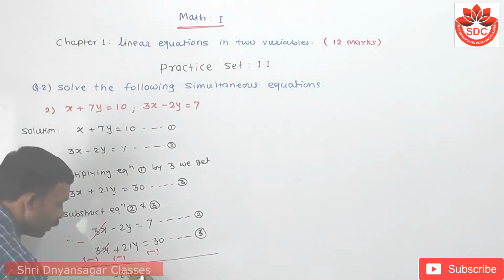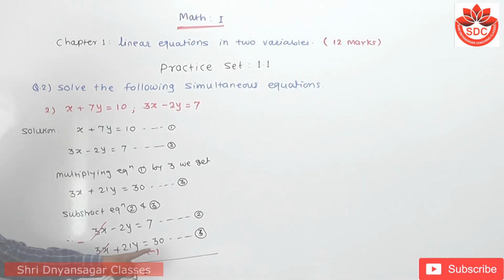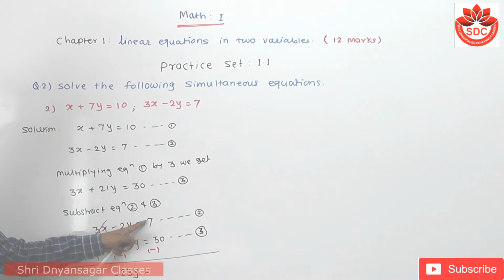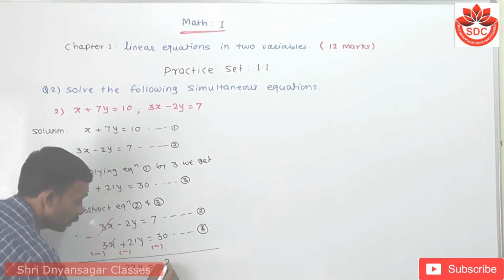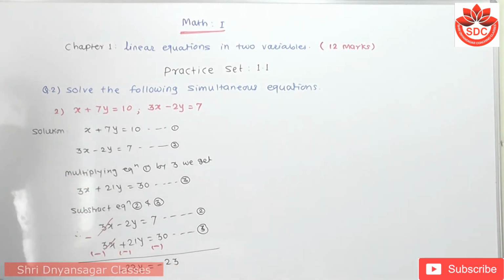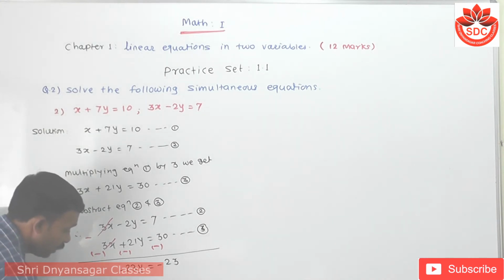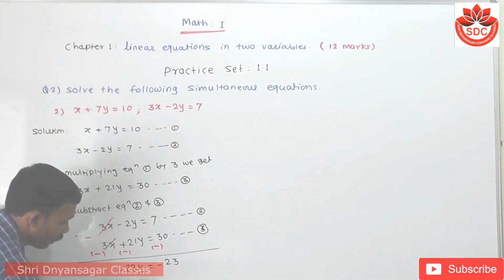Then the subtraction of minus 30 and plus 7 gives the sign minus, because this is the bigger number, so here it is minus 23. Then this minus minus converts to plus, so 23y is equal to 23.